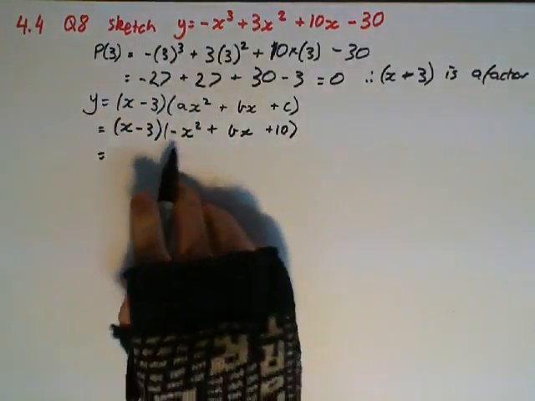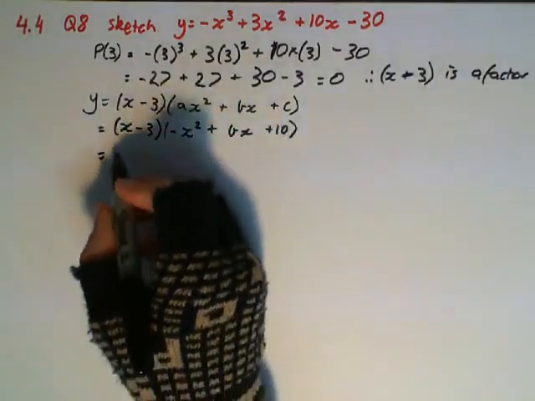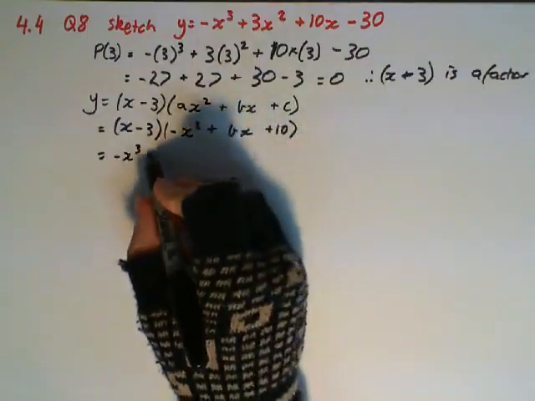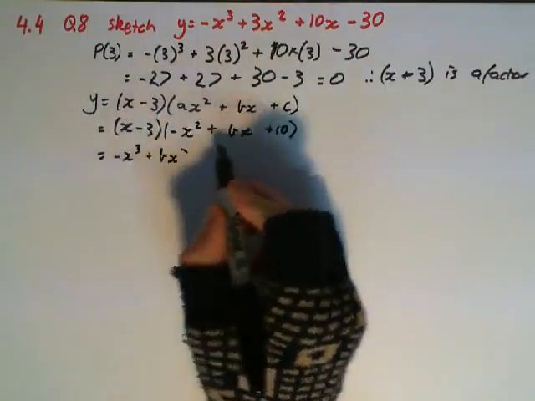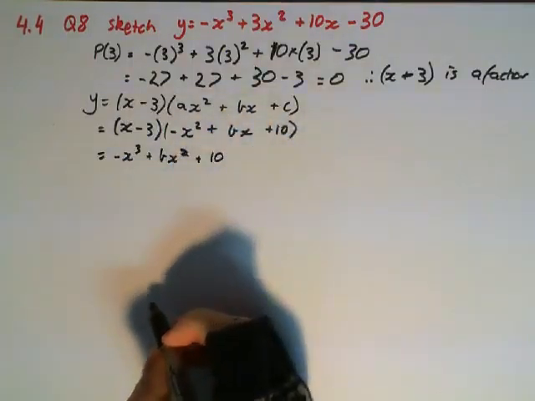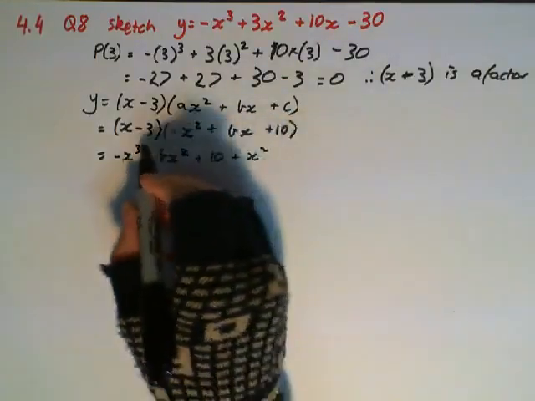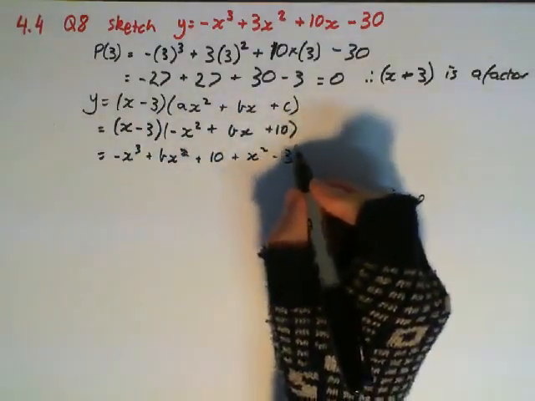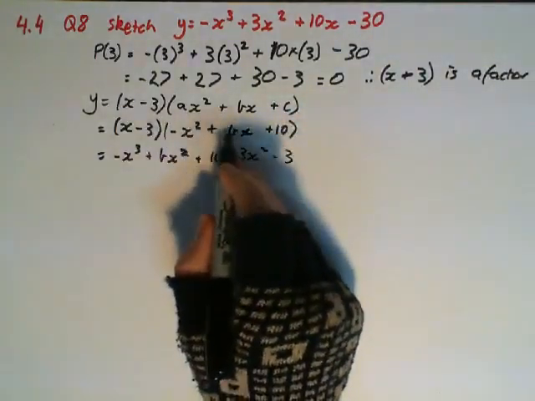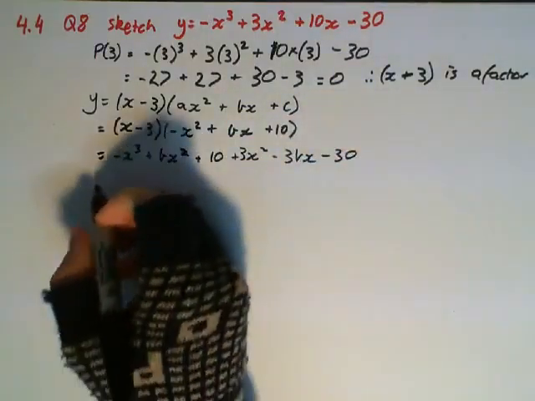Next step, can't do much else to find b unless we expand it, so let's do that. X times minus x squared is minus x cubed, okay, plus bx squared plus 10x. And then do the minus 3, so we'll have a positive x squared this time. Take a 3, ooh, that should be 3x squared. Minus 3 times bx and should get minus 30 there.